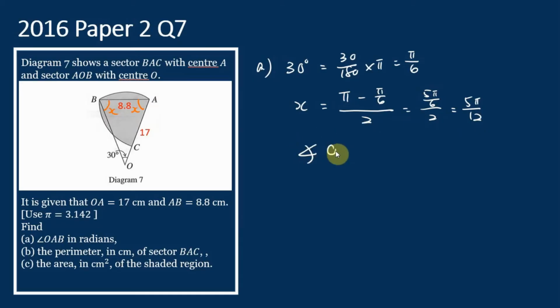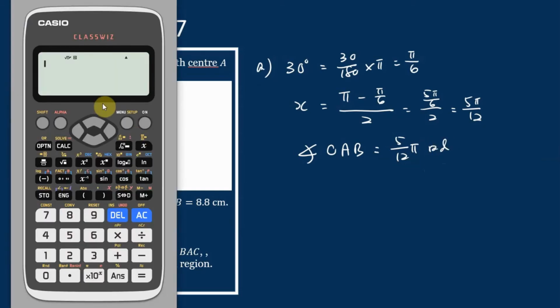So OAB is equal to 5 over 12 pi radian. We can use calculators to find the answer in decimal numbers.